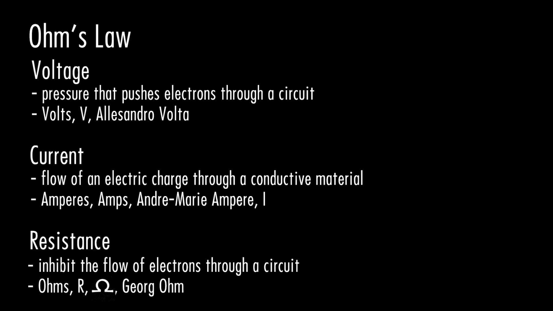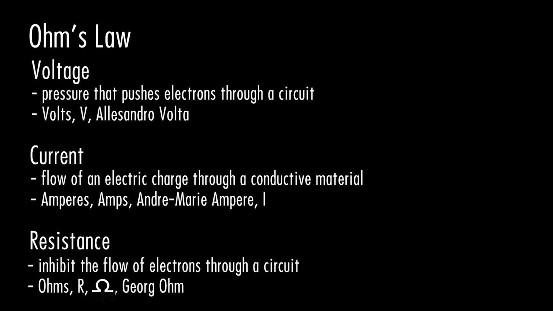The larger the pebble, the higher the resistance. Resistance is measured in ohms, designated usually by the letter R in circuit diagrams, and it's represented by the Greek character omega. It's named after German physicist Georg Ohm.